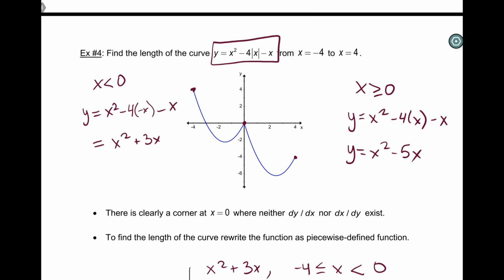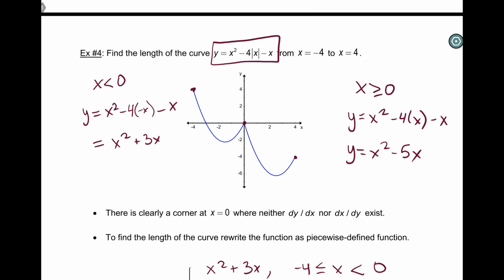But here's how I would think to write it. If I were writing the left side, I would think: if I plugged in a negative number, then the only thing that would change would be the negative x, because the squared would cancel out the negative and the absolute value would cancel out the negative.